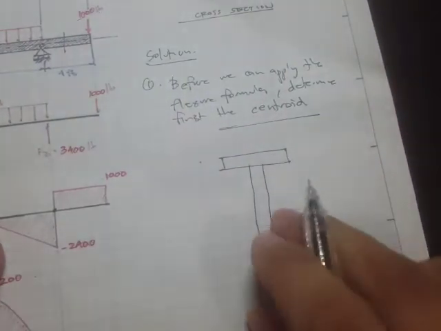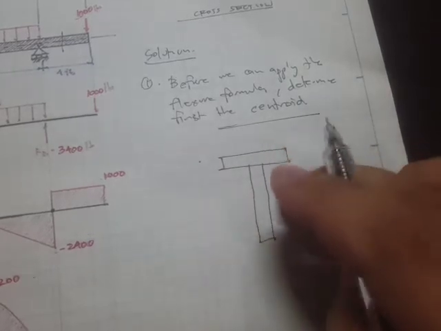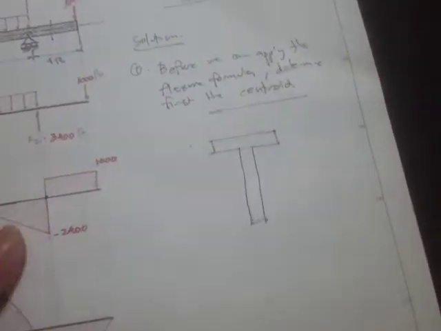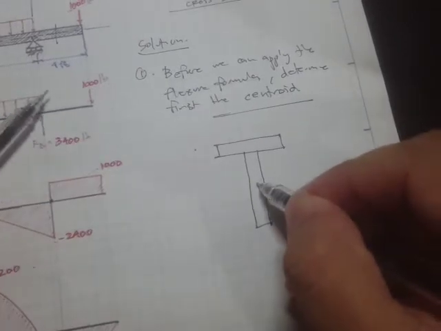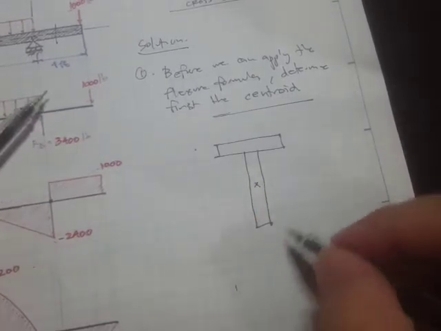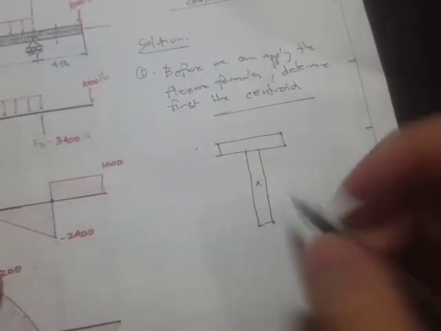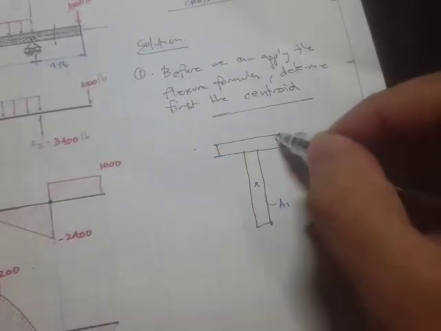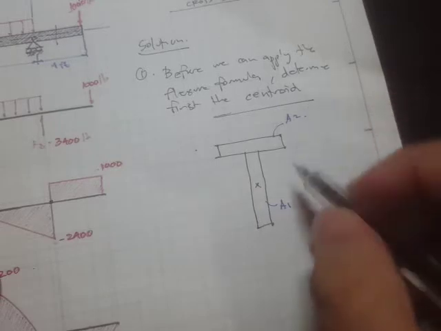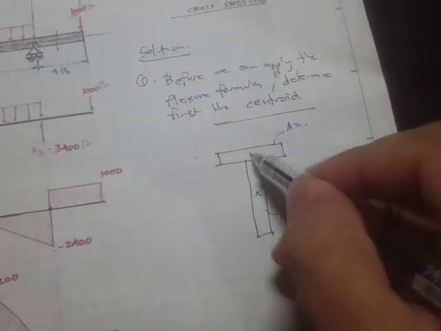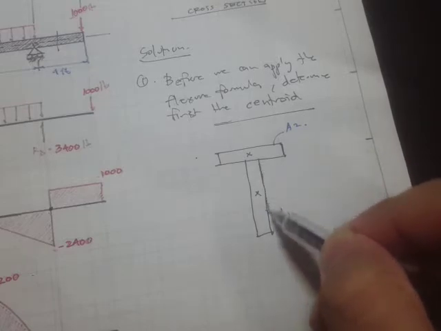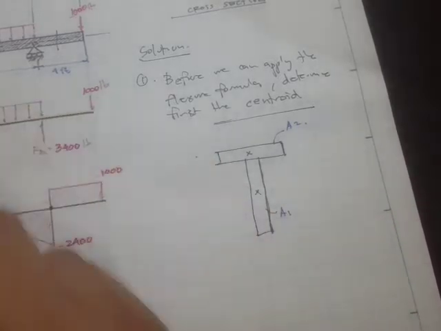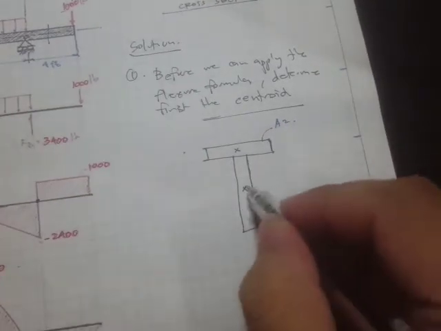We have these two areas, and since these are basic shapes, here's our centroid for this area. Let's say this is area 1 and this is area 2. The centroid for area 2 would be halfway of this length, and this one would be halfway of this length. Let's label this.